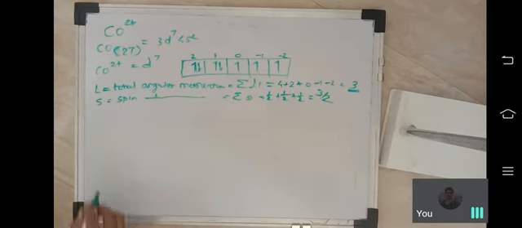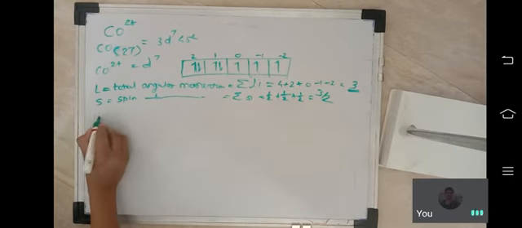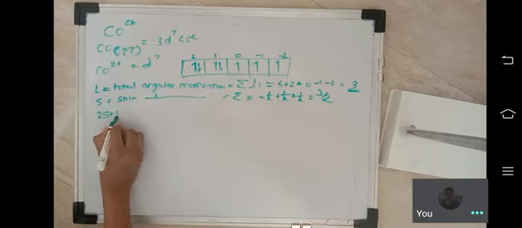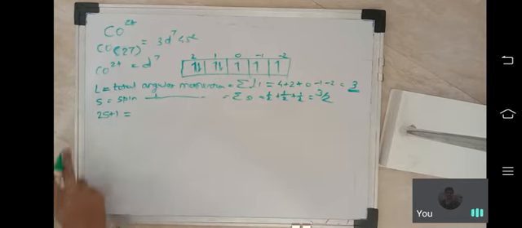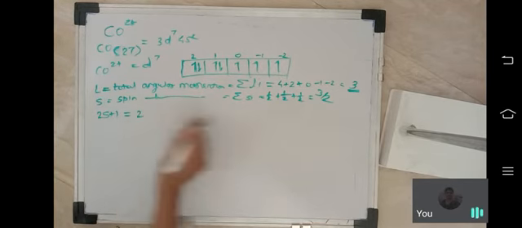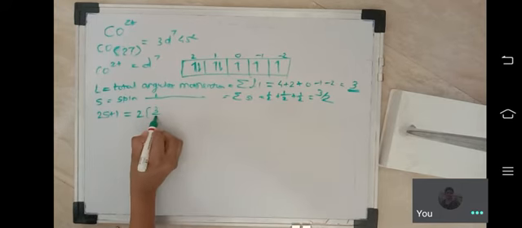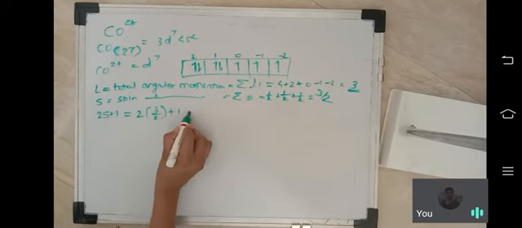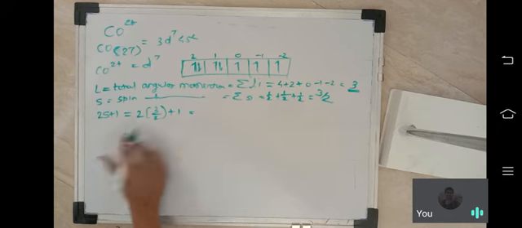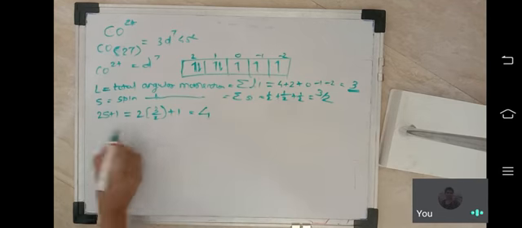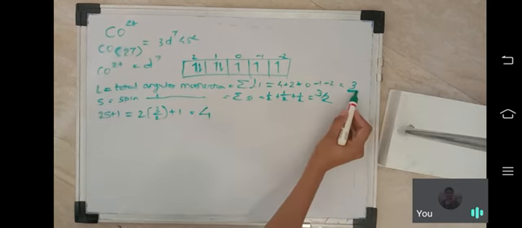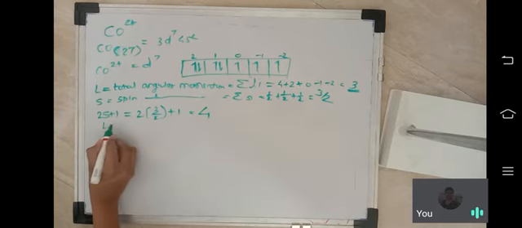Then by using the formula 2S plus 1, you find out the value of 2S plus 1. What is the value of S? 3 by 2. Put the values here and the 2 gets cancelled, the answer is 4. And L is equal to 3.